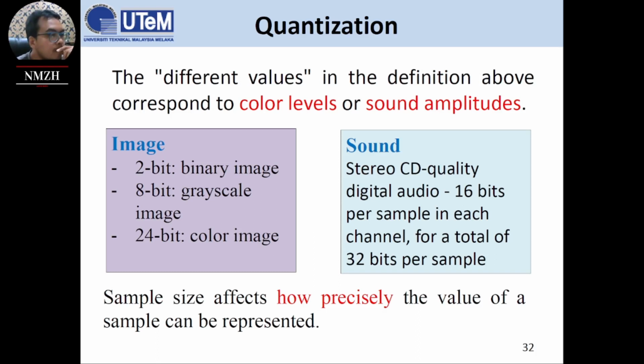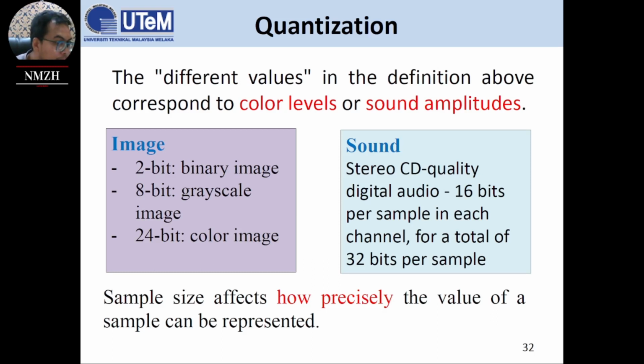Okay, so in the y-axis, in sound we have stereo. I think you guys know about stereo and mono channels. Stereo means 2 channels and mono means 1 channel, because we have left and right. So 16 bits per sample for each channel.